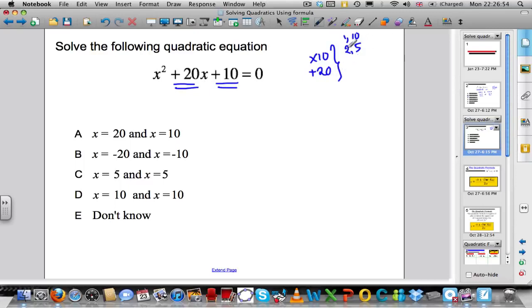And 5 and 10 and 5 and 2 and 10 and 1. But none of these can add to 20, so I'm a bit stuck here. I can't actually factorise this quadratic to use the factorising approach.